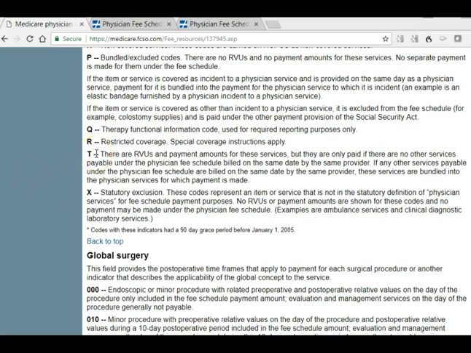T is RVUs and payment amounts for these services, but only if there are no other services billed on the same date. And then X is for statutory exclusion. Okay, as in this is not something that should be paid to a physician ever. Okay, now let's go back to our other indicators.